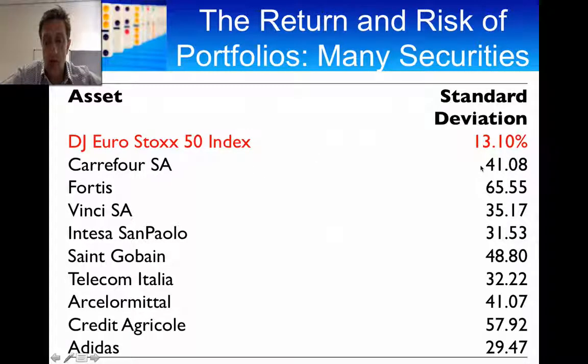We look at the individual company standard deviations, and these are massive firms. But the standard deviation of the portfolio is significantly lower than the standard deviation of the individual securities. So again, I've shown you mathematically that bringing assets together into a portfolio will improve the risk of your overall investment. That is the diversification effect, but I've also shown you using real data.